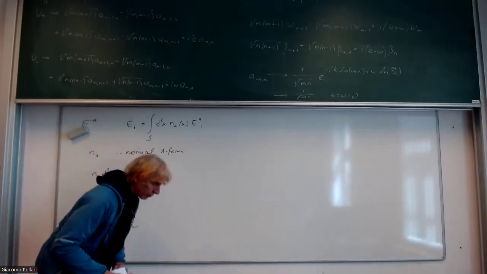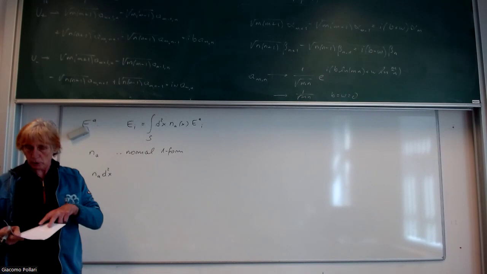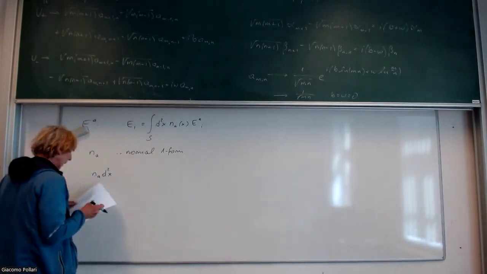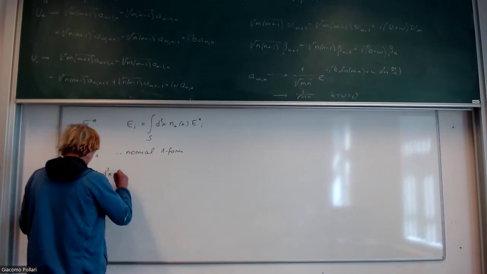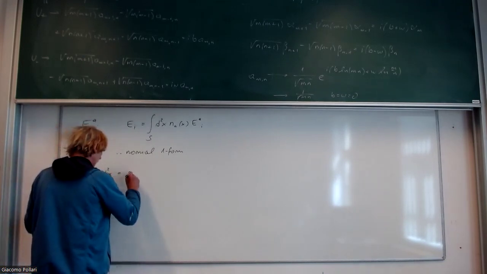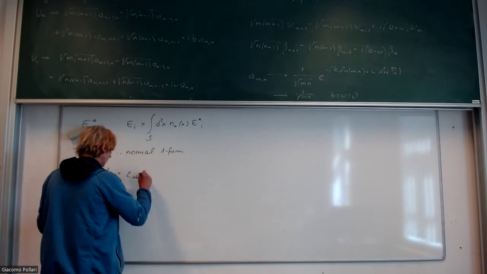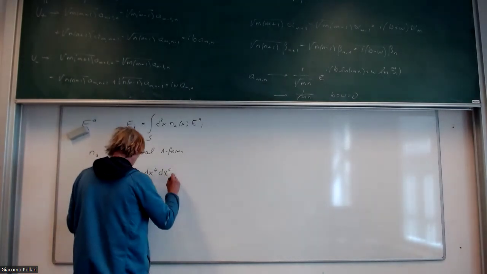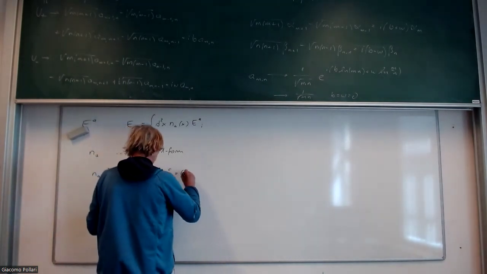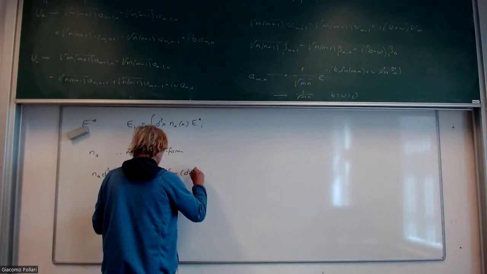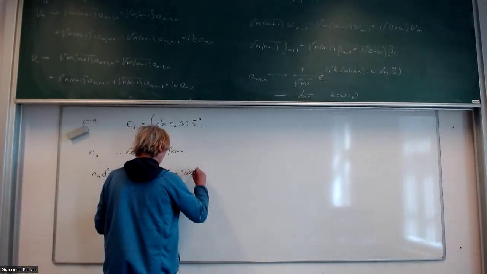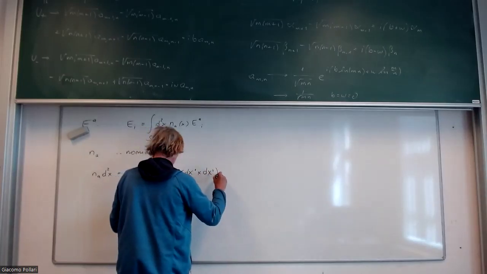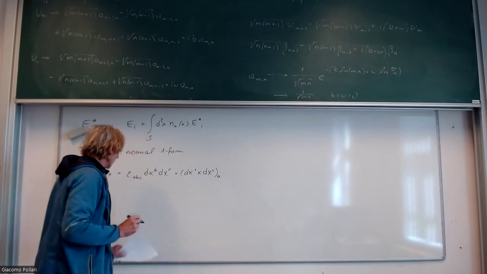We can write it as a vector product on the surface. And we have n_a dx^a, so this is a two-form, epsilon_abc dx^b dx^c, component a.